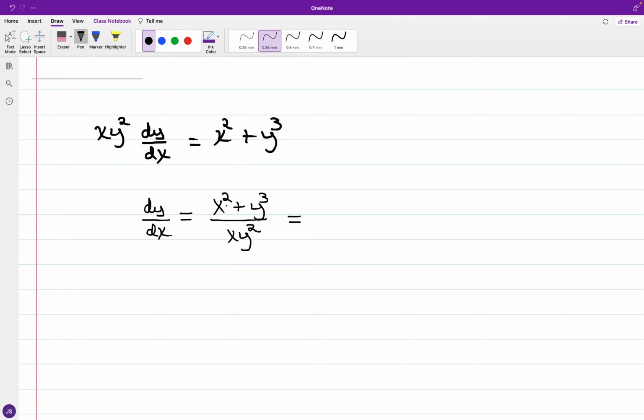If I divide x squared by xy squared, I would have x over y squared, and for y cubed over xy squared, this would be y over x. Now we almost have a homogeneous differential equation, if x squared over xy squared simplifies to x over y.